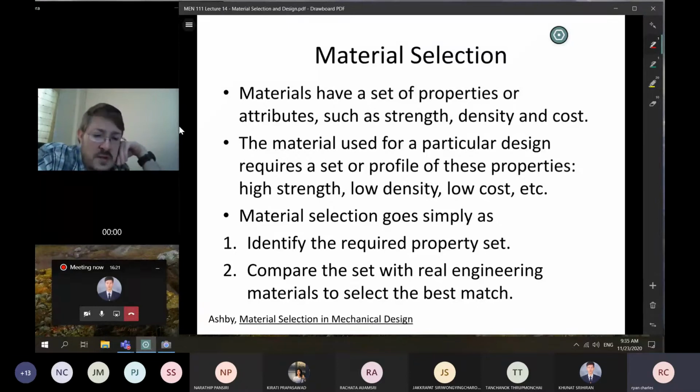The bridges are made of steel. What kind of steel? There's different grades and all that, if you recall. What kind of concrete? What kind of cement do I want to make? You know that all these materials exist, but how do you decide which particular one you want to choose?